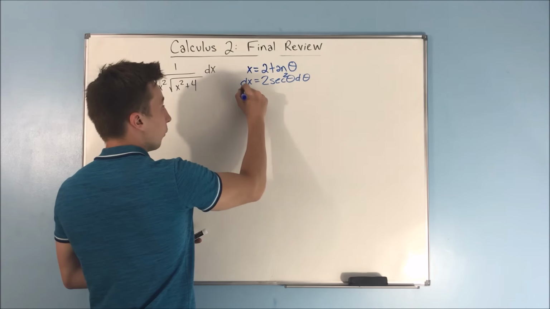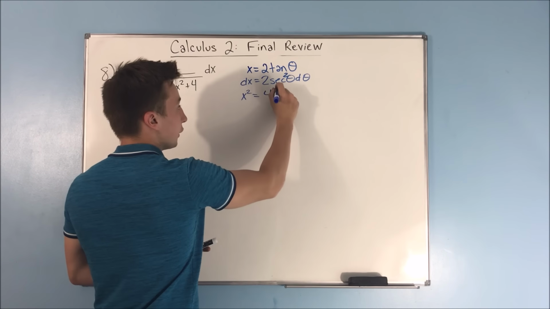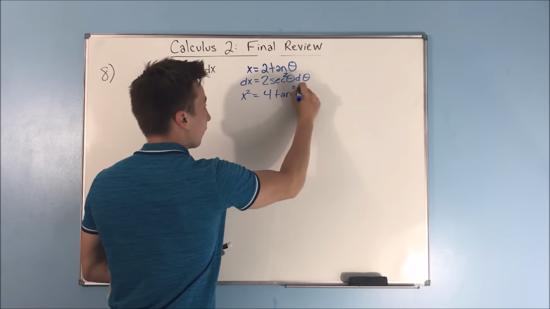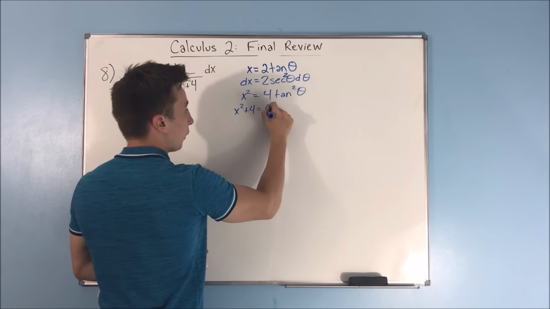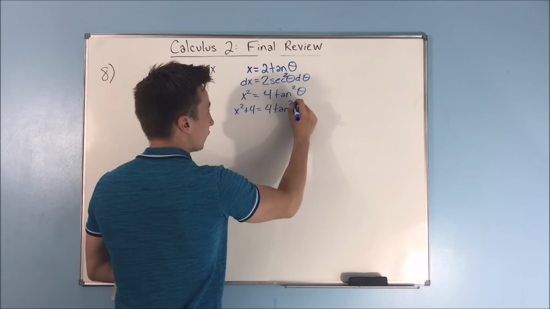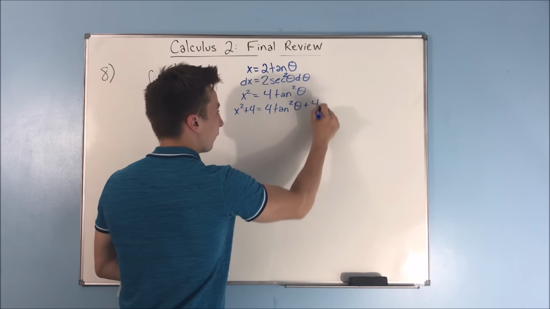Okay, so x squared is going to equal 4 tangent squared theta. Okay, x squared plus 4 is equal to 4 tangent squared theta plus 4.